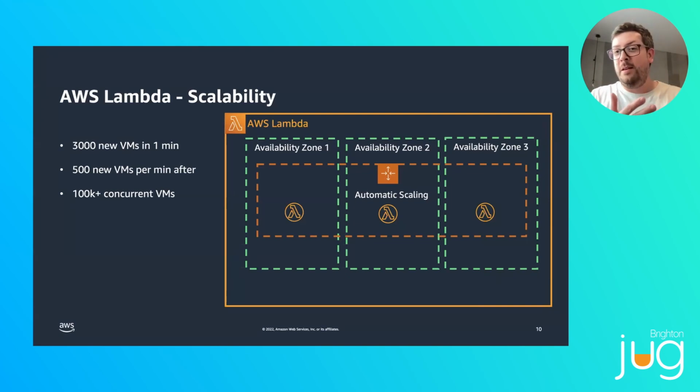But these are also what we call soft limits. So if your application needs more capacity than that, that's absolutely fine. You raise a ticket to the support team, and they're very used to raising these limits. We have customers using hundreds of thousands of concurrent virtual machines.